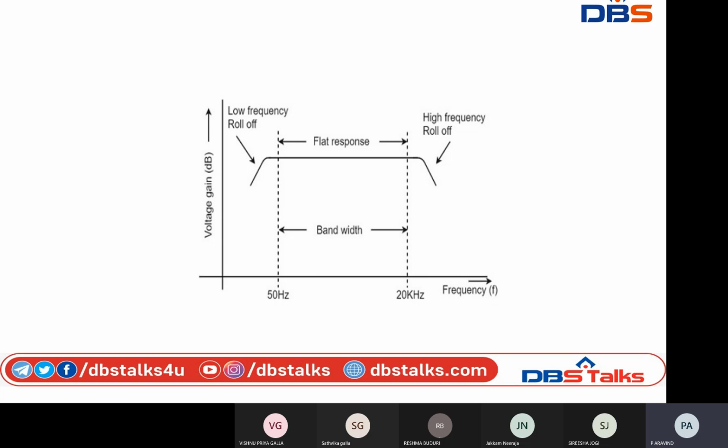So frequency low means the corresponding reactance is high. So the reactance of the input capacitor Cin and the coupling capacitor Cc are so high that only some part of the input signal is allowed.